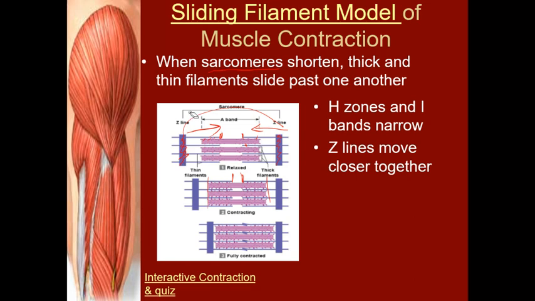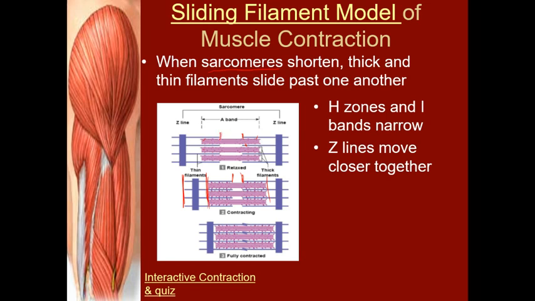So the only things that we see, Z line to Z line, that moves in. That's a muscle contraction, okay? I band, here's my I band here to the other side here. That also changes. Notice we had a longer width here. Now we have a shorter distance here. So that gets narrow, okay? And then the H zone.